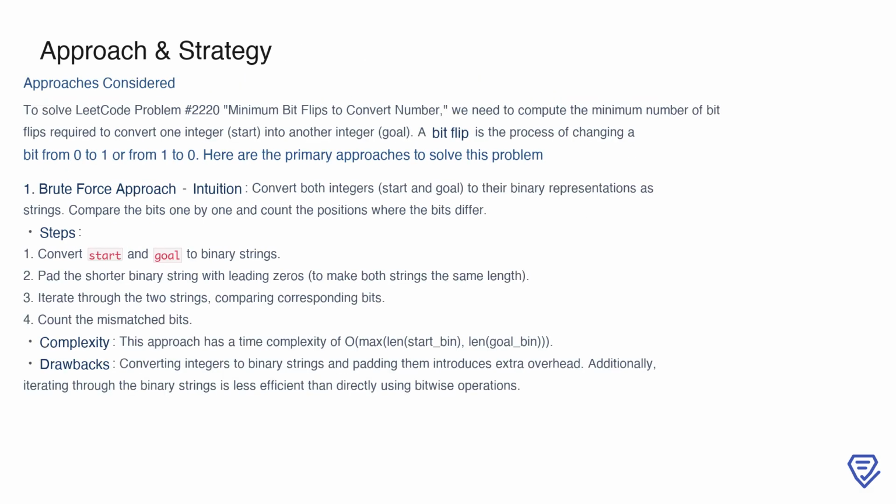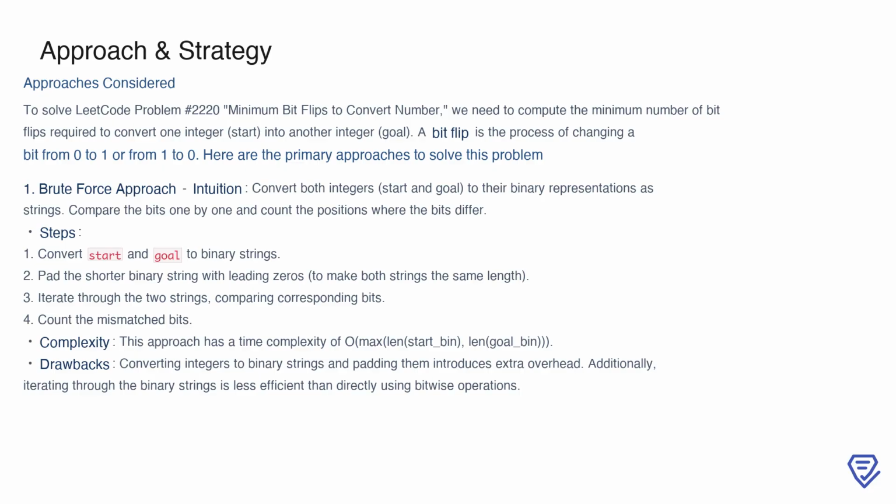To solve the problem of finding the minimum bit flips needed to convert one number to another, we can start by understanding the concept of a bit flip: changing a binary bit from 0 to 1, or from 1 to 0. One approach we could take is the brute force method. Here, we convert both numbers into binary strings, ensuring they are of equal length by padding the shorter one with leading zeros. Then, we iterate through the bits of both strings, comparing each position to count the mismatches.